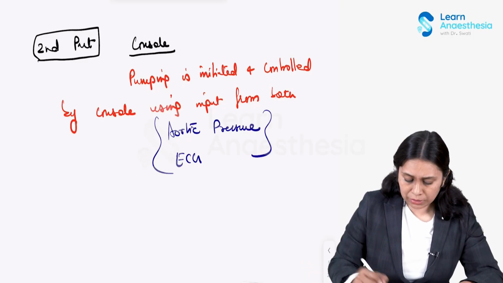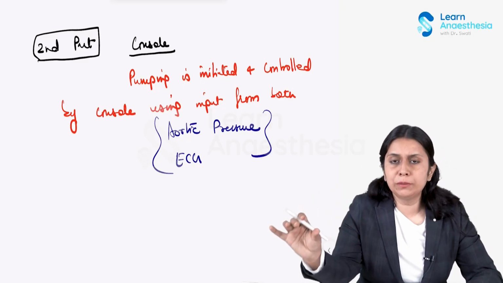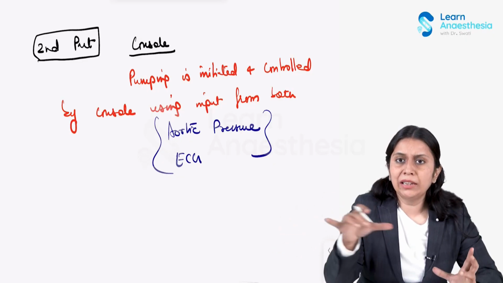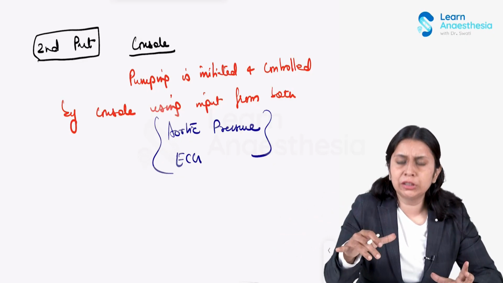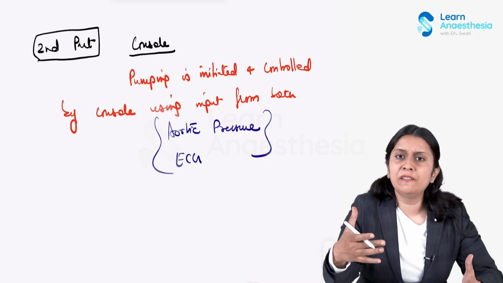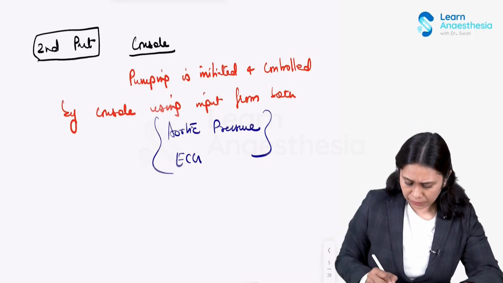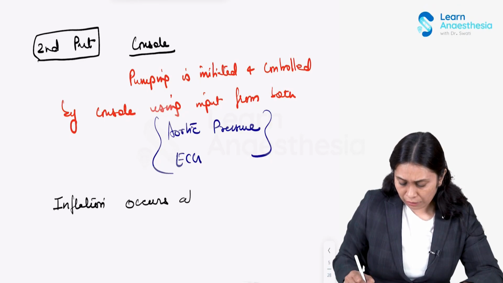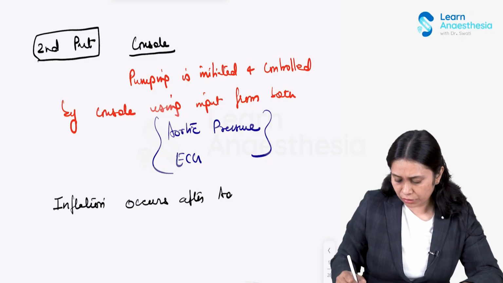And remember, the inflation of the balloon is done when the aortic valve closure happens, and deflation of the balloon is just before the aortic valve opening, right? So inflation occurs after aortic valve closure. So this is important.